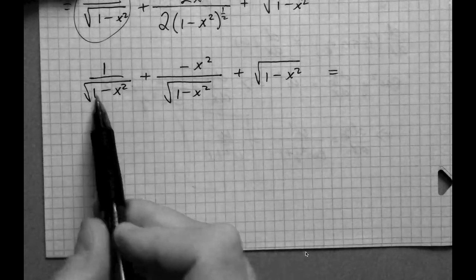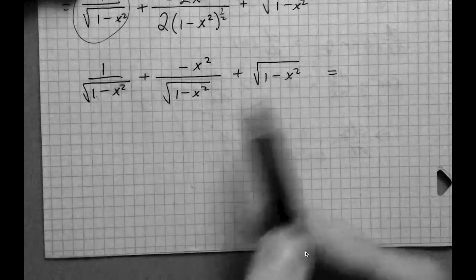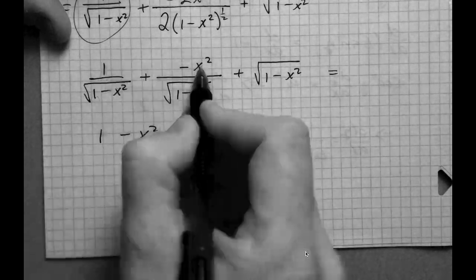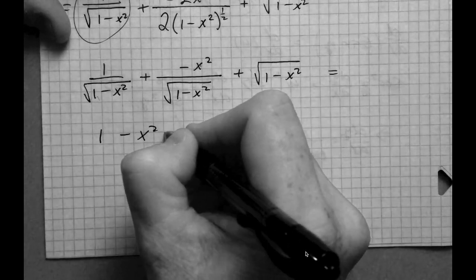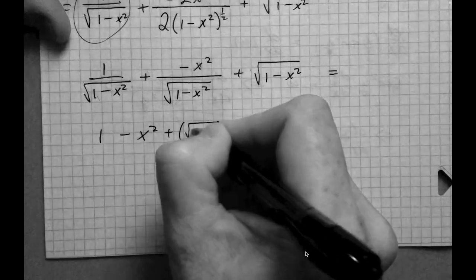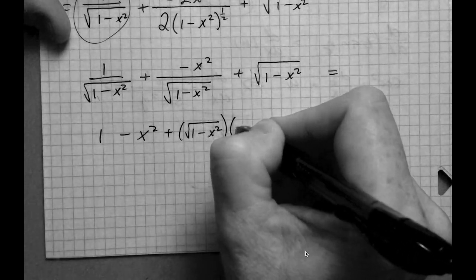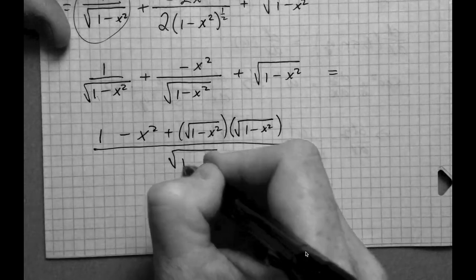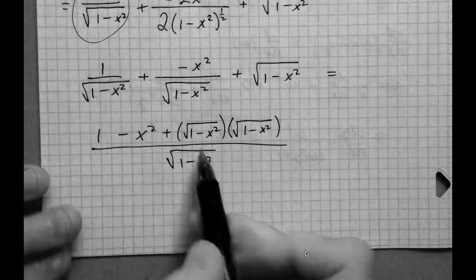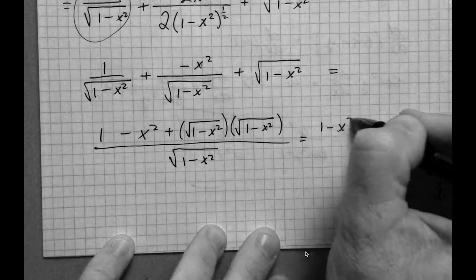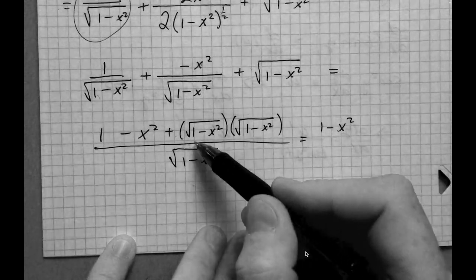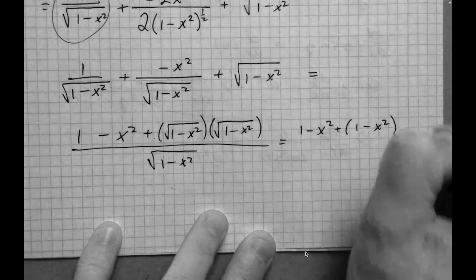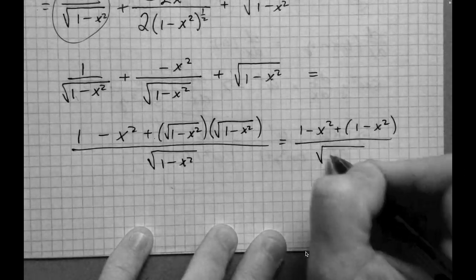But if I get a common denominator of the square root of 1 minus x squared, then I can do some serious cleanup here. So I've got 1 minus x squared here, and then I have to multiply this like that, and that's all over the square root of 1 minus x squared. And so I get 1 minus x squared, and then this is just the same thing, so this becomes plus (1 minus x squared) all over the square root of 1 minus x squared.